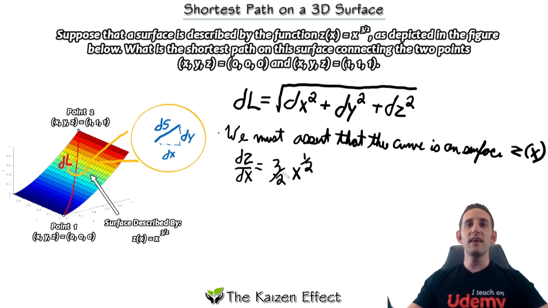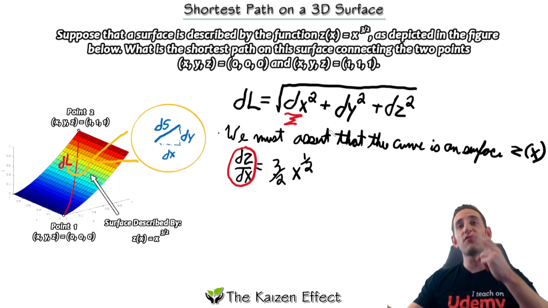And what we see is that if we pull dx out, I'm going to get a nice color here to highlight that. If we get this guy and pull it out of the square root, we're going to get dz dx, we're going to get dy dx, and then we can plug it into the function L, and that's going to end up giving us 2 variables, right?